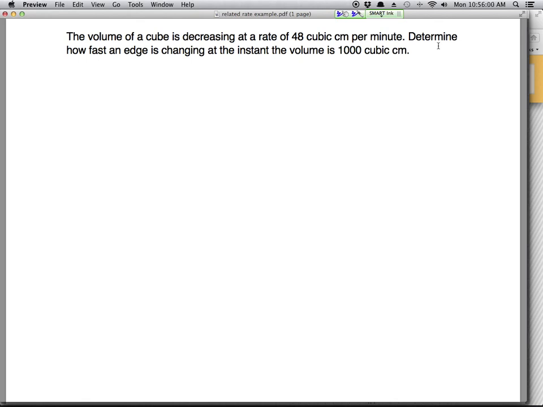As soon as I see this word rate, I should know I'm dealing with something over dt. As soon as I see that word rate, that means whatever they're giving me is something over dt.